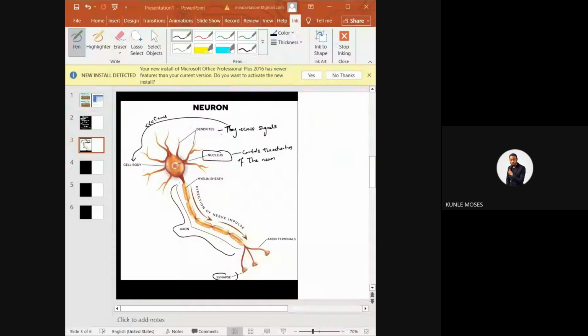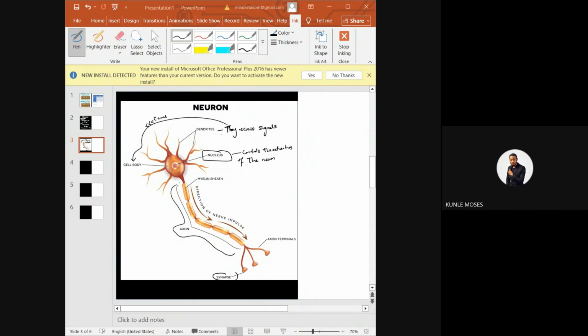The dendrite helps to receive messages or signals from other neurons.